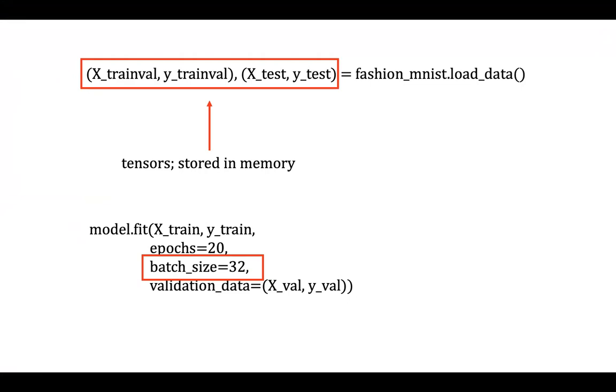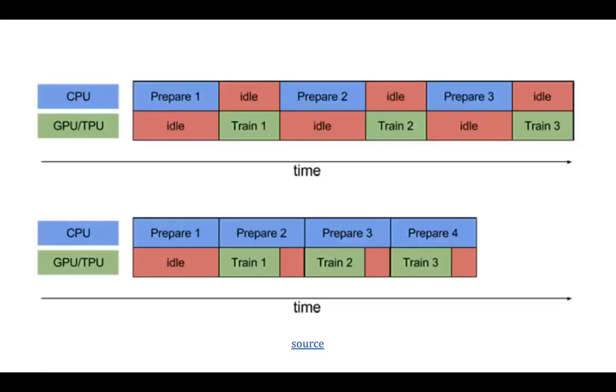And then during the training, we set the batch size that will create the mini batches and feed to the stochastic gradient descent. The problem with this approach is that it is sequential, which means that first we prepare one mini batch to feed to the network, and then when this batch is prepared, we can train our network.